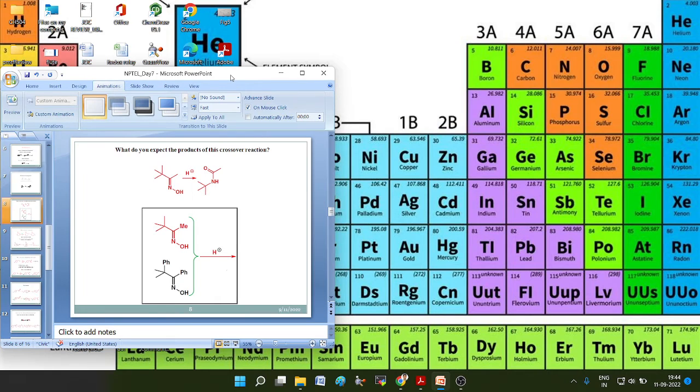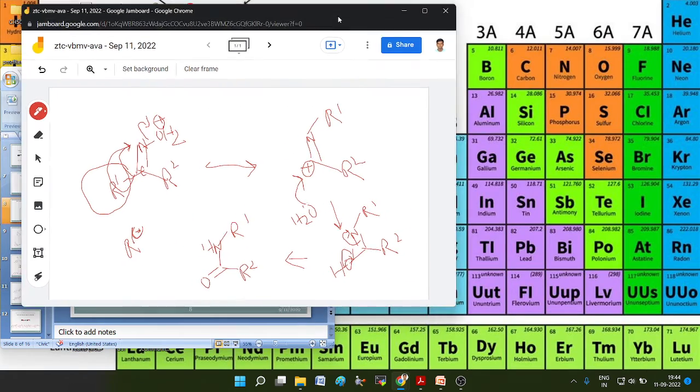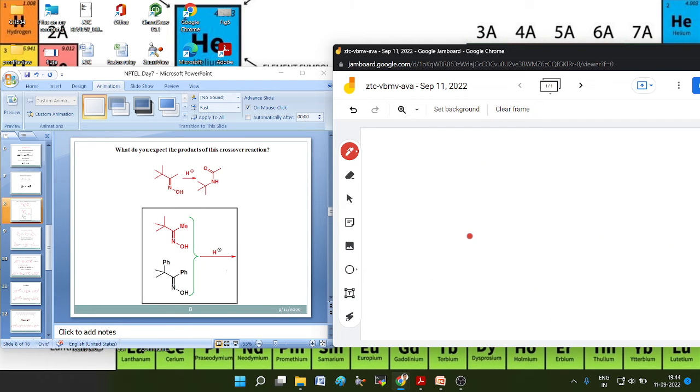This may be a little difficult, but it's not that much. Sorry, clear the frame. Now for the first, red color substrate, we expect to form something like this: COMe and then NH tertiary butyl.